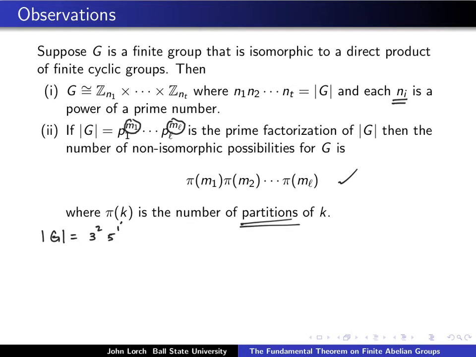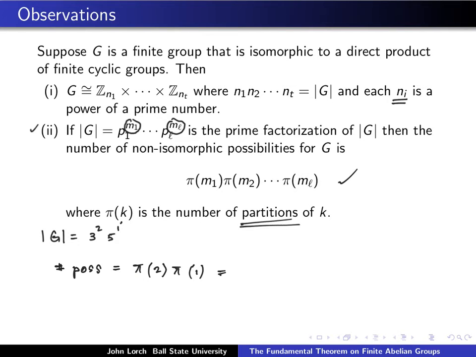So the number of possibilities here, according to our little formula in Roman numeral 2, would be the partition function of 2 times the partition function of 1. Now, we need to compute what those things are.